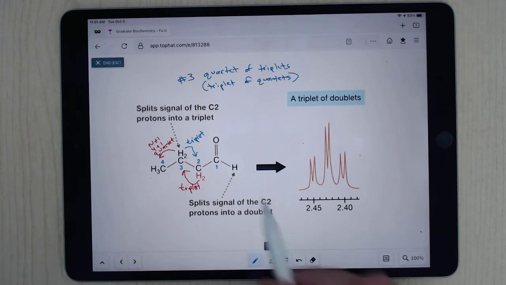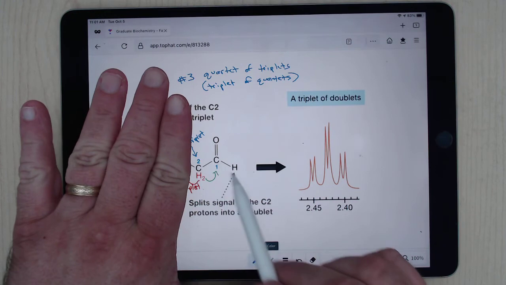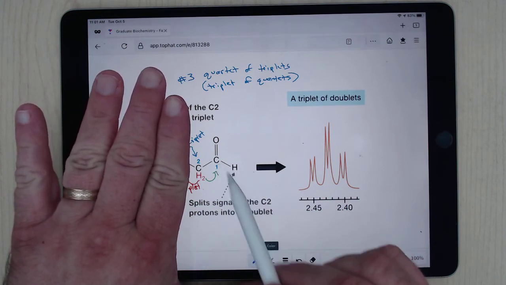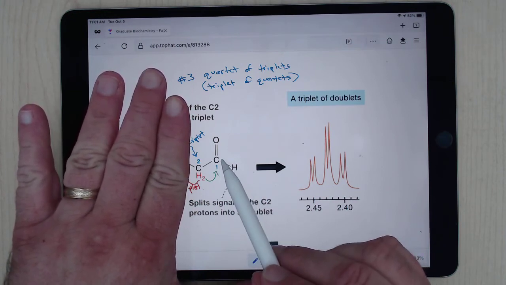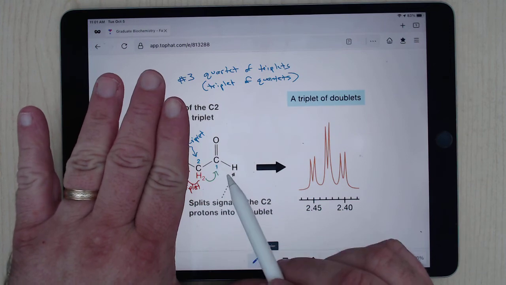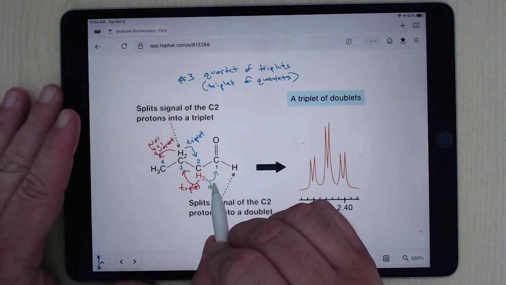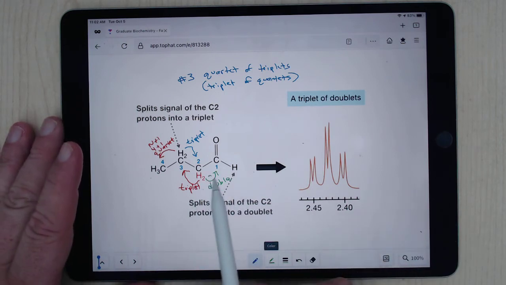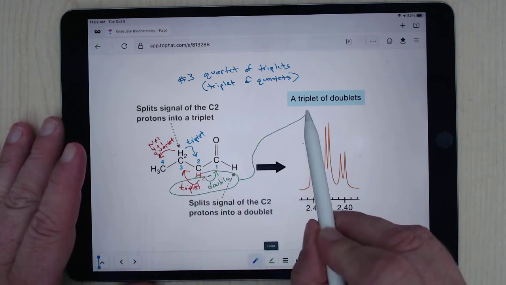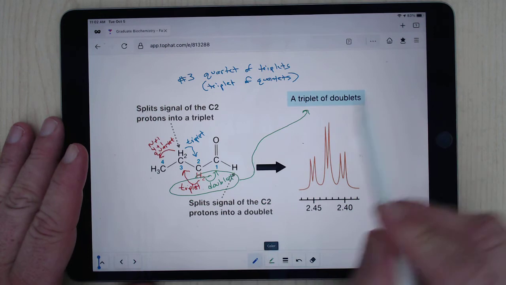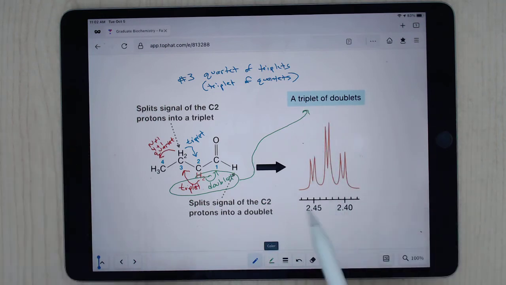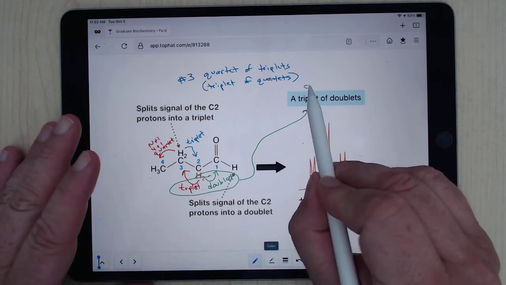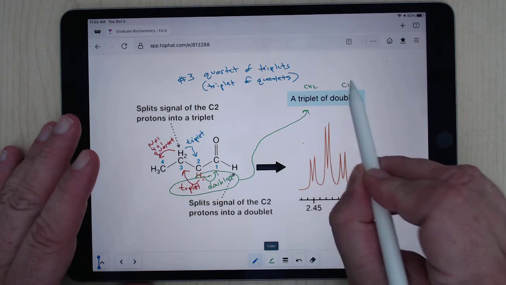If we ignore that side, this one only has one neighboring hydrogen, right here, still attached to that carbon. So this would split it into a doublet. So this is how you get a triplet of doublets. That just means we have a CH2 on one side and a CH on the other.